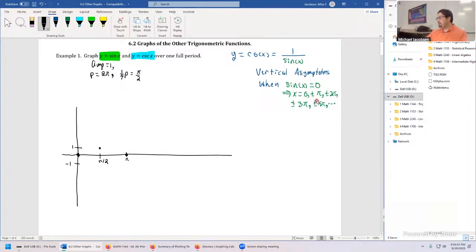We have another x-intercept, so we're on positive pi here. 3 pi over 2, let me make that about the same length. At 3 pi over 2 we hit our minimum down here, and now at 2 pi we're back to the x-axis for the next x-intercept. But these are asymptotes, so when we go to plot these, we'll have asymptotes that go like this for the cosecant function.